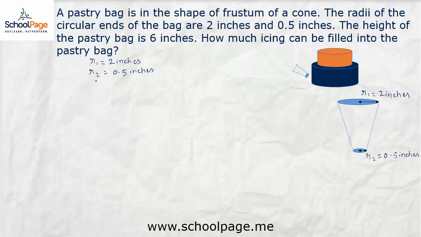We also have been given height of the pastry bag as 6 inches. So H equal to 6 inches. Now we have to find how much icing can be filled into the pastry bag. That means we have to find the volume of the pastry bag.